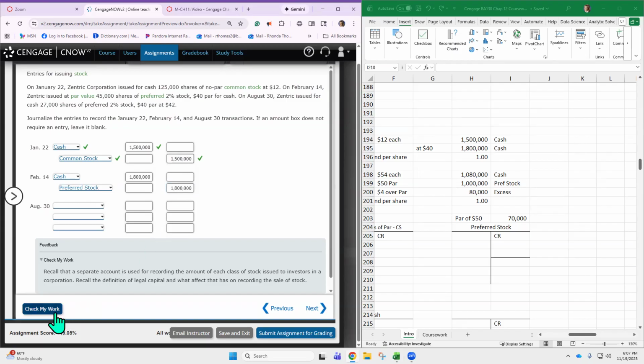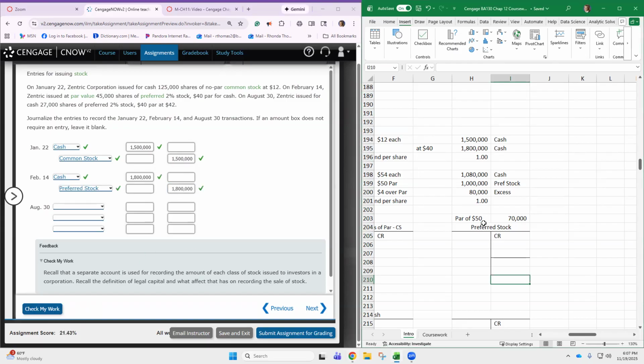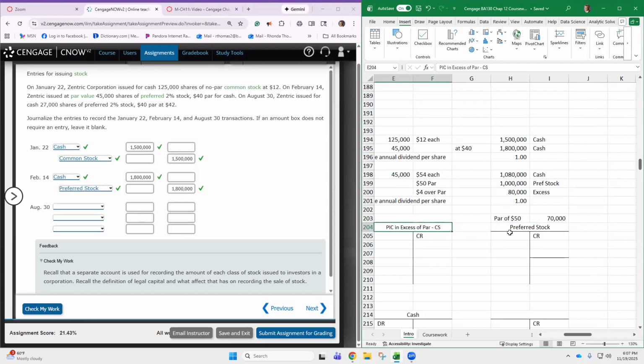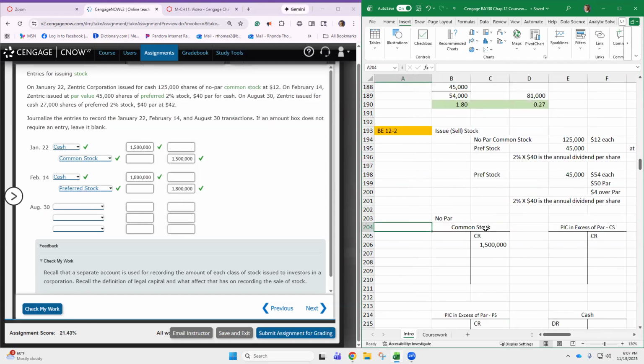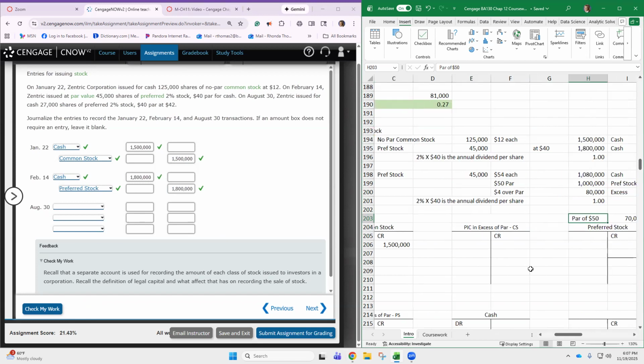Okay, let's check it. So let me show you how this is going to work in the T account. Okay, so one more time, this common stock has no par. So I would have listed the par up there if it would have had one. This preferred stock has $40 of par.